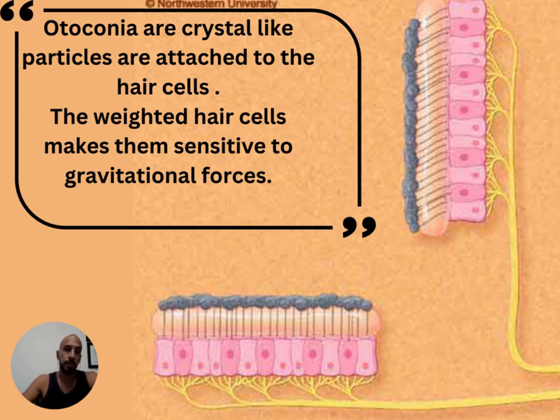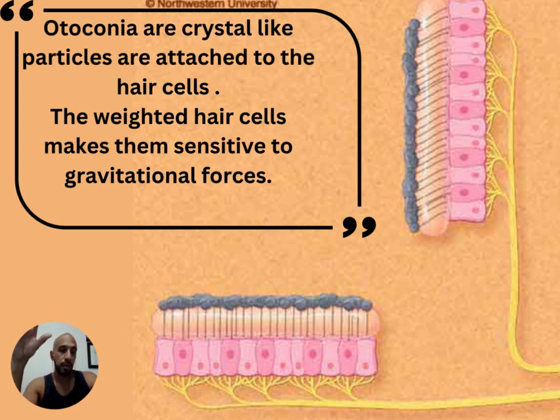Here you can see a magnified picture of the saccule and the utricle. Otoconia are crystal-like particles attached to the hair cells. The saccule and the utricle do have hair cells, same as the inner ear, the semicircular canal.